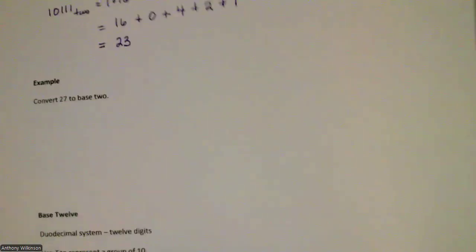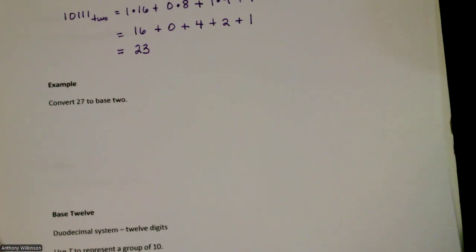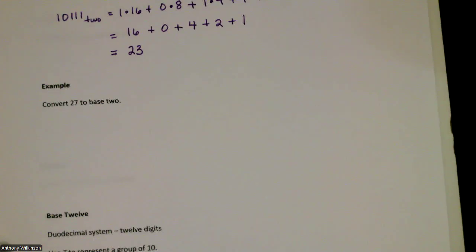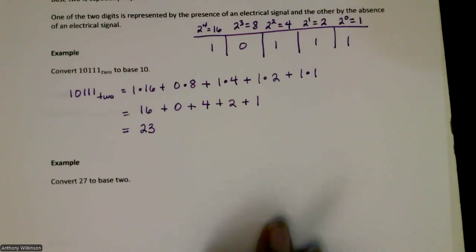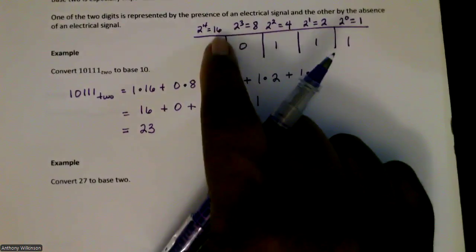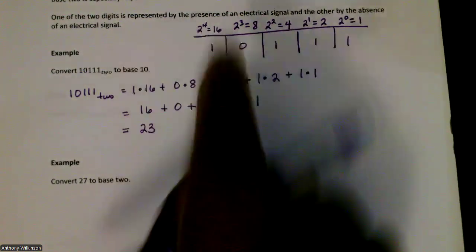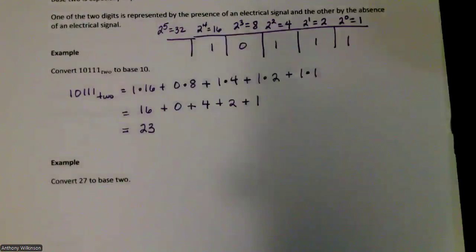Okay, and now let's say I want to convert the number 27 to base 2. I need to find the highest power of 2 that I can use here. By looking at this, I can use 16, because if I try 2 to the 5th, that would be 32, which is bigger than 27.